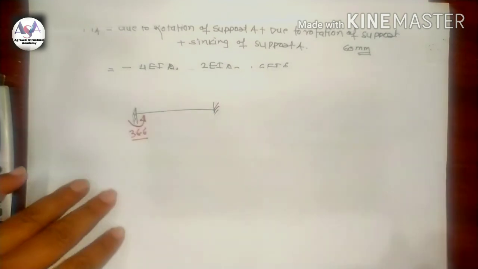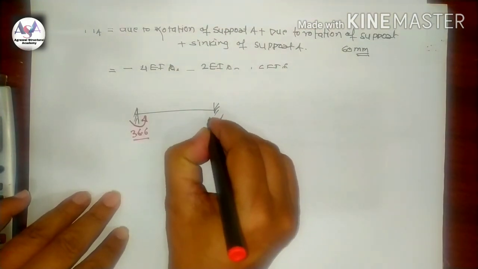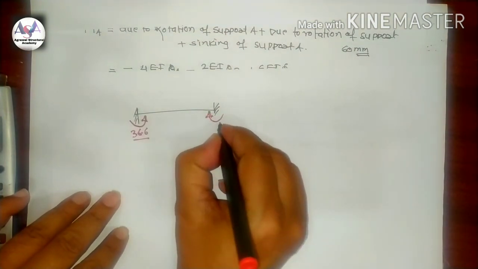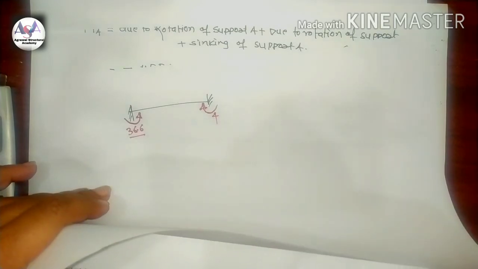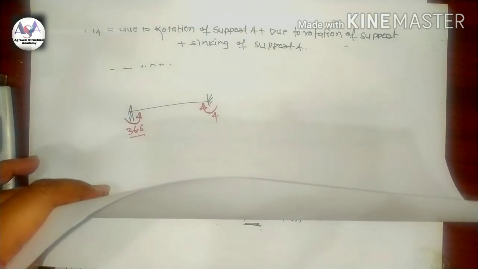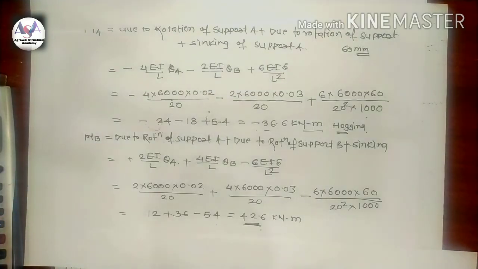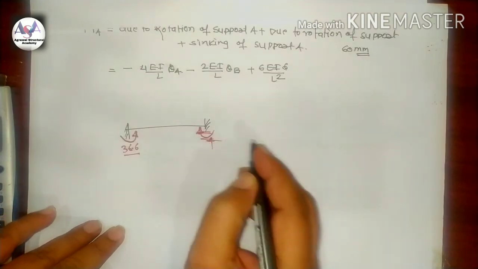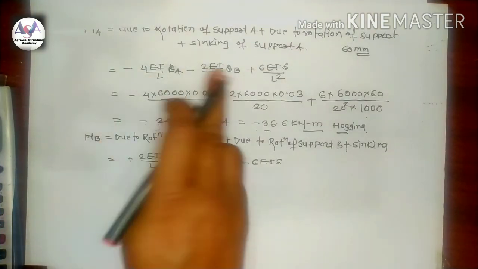Plus means sagging, because we are taking minus as hogging and plus as sagging.